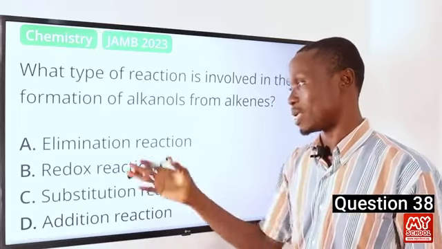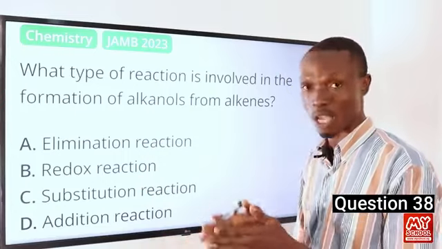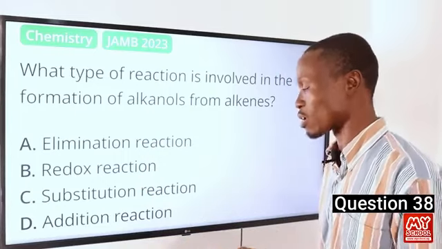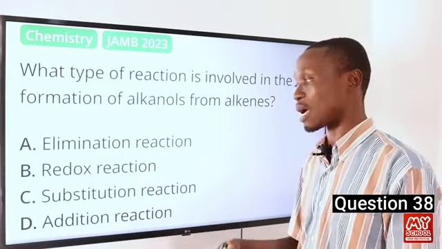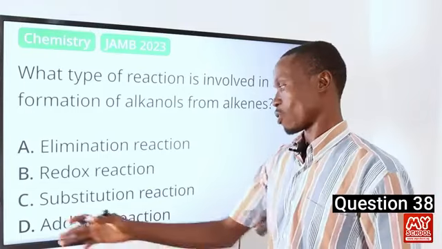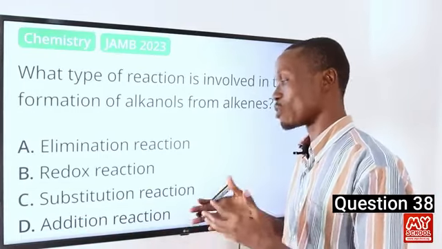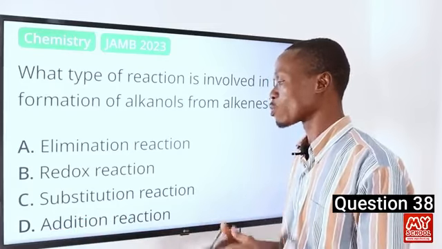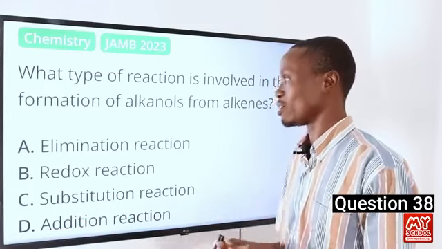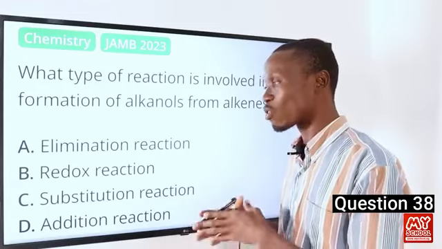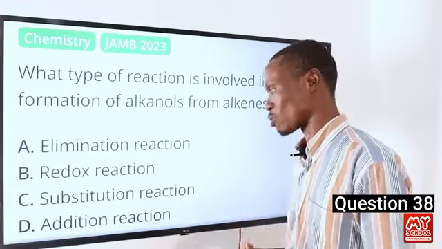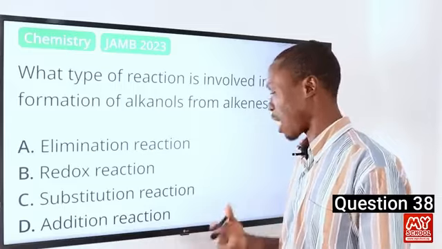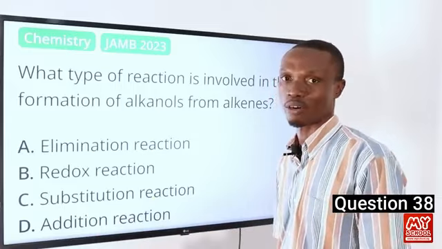So the answer is not B. Then C, we have substitution reaction. In substitution reaction, an atom is replaced by another atom in a compound. Option D is the answer, addition reaction. In addition reaction, the carbon-carbon double bond of the alkene is broken and an alkyl group is added to the carbon atom, resulting in the formation of alcohol. So option D is the correct option.